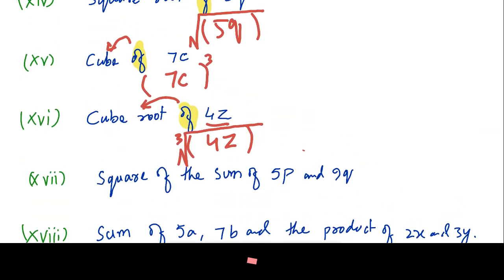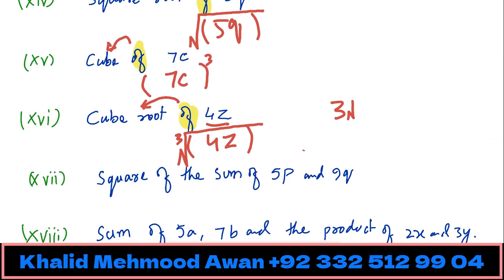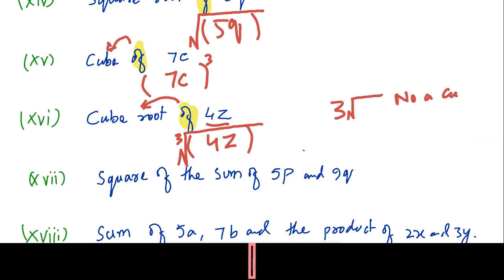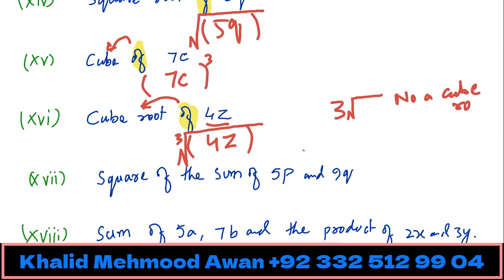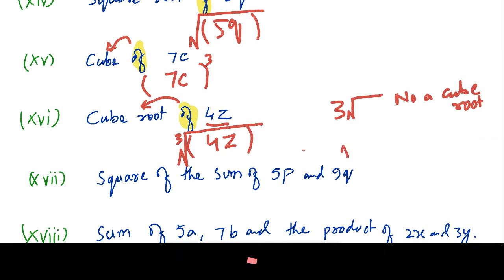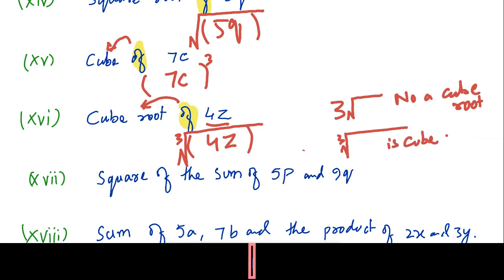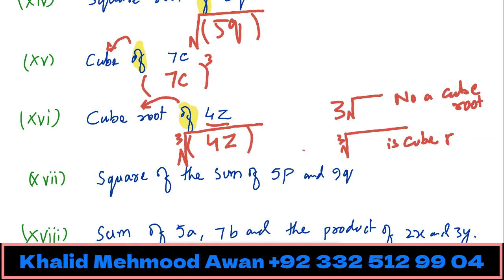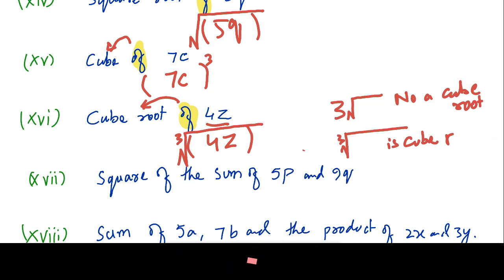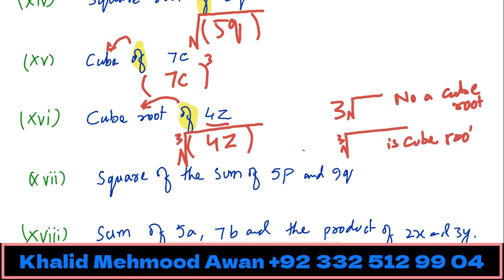And remember that this other one is not a cube root, but this one is a cube root. So you can see the positioning of the number describes what that number is. So this is a cube root and the previous one is not a cube root.